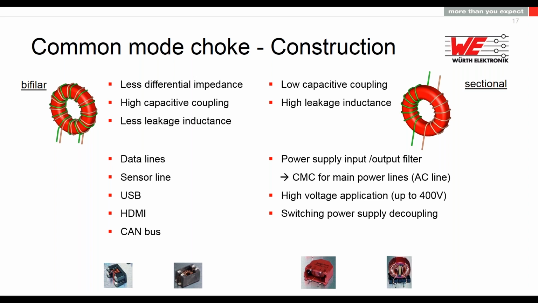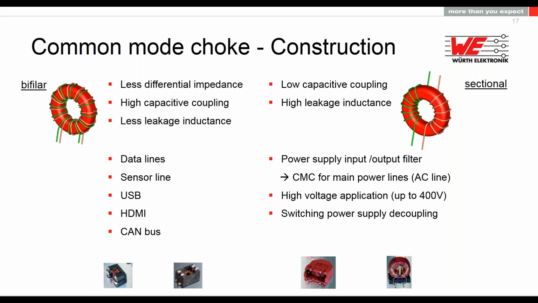If you use a bifilar winding for high voltage, it will be difficult because the wires are very close to each other, and you have to use a very highly isolated Tex A wire, which is expensive. The wire thickness is big, you will not have enough space to wind so many windings, so it's very rare that you have a Tex A wire wound common mode choke.